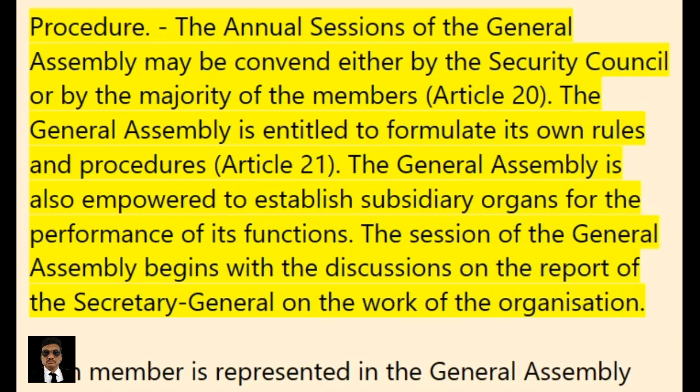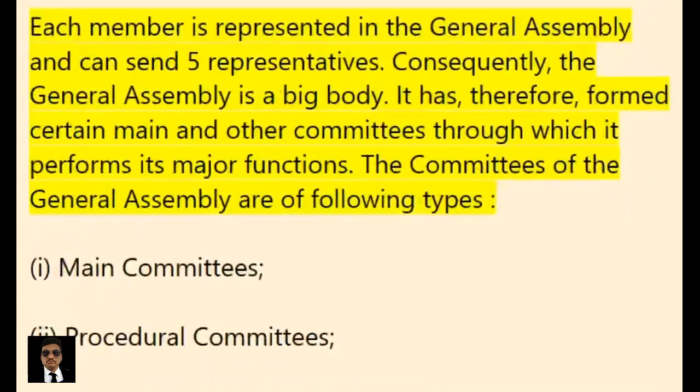The session of the General Assembly begins with the discussions on the report of the Secretary General on the work of the organization. Each member is represented in the General Assembly and can send 5 representatives. Consequently, the General Assembly is a big body.